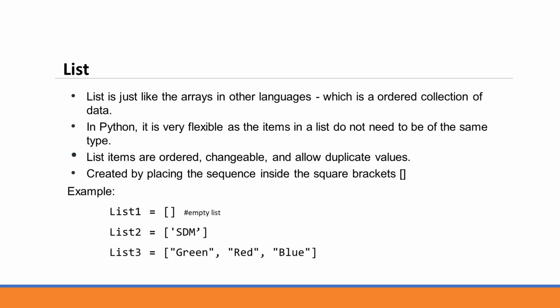In Python the list can also contain heterogeneous data. That means a list need not contain only homogeneous or similar data together. We can store different kinds of data in the list, and the data in the list are represented within square brackets.